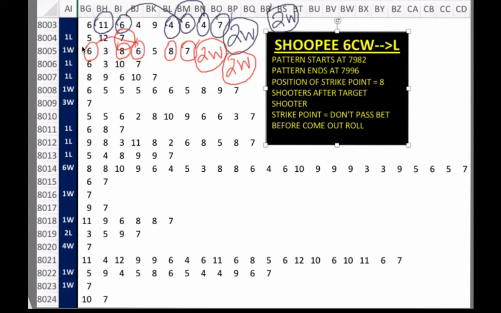But in actuality, this is a 2-win series because what preceded these 2 6s right here was that 7. So that is actually a 2-win series from that 7, then these 2 6s, and that was labeled over here. Alright, so that's the difference with shooter labeling versus actual win and loss series labeling.